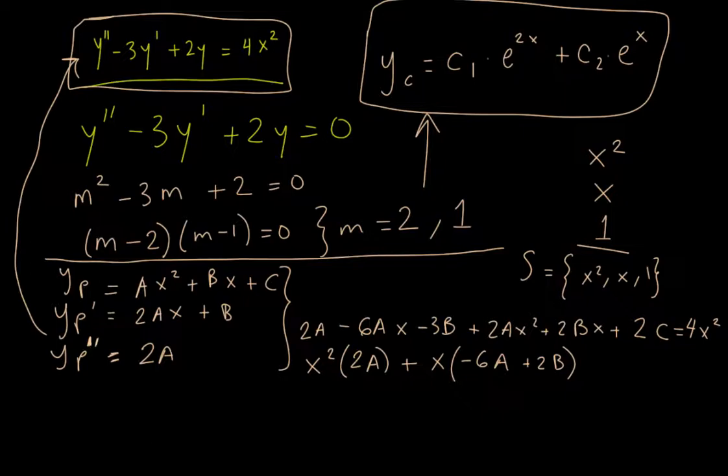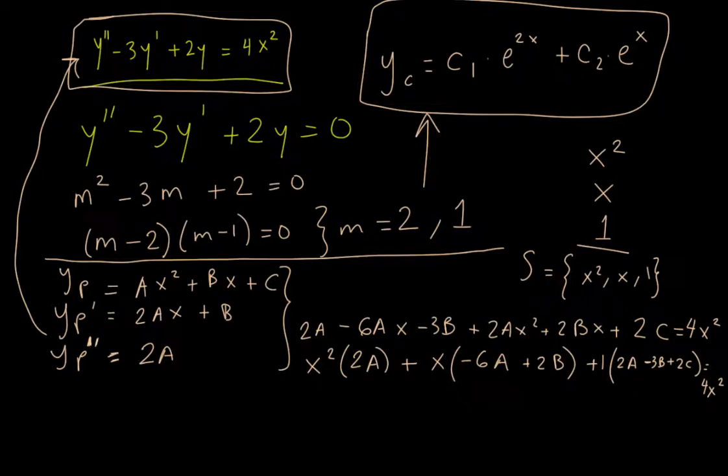And anything that doesn't have an x or x squared, just a number with a letter, you can think of it as having a 1 in front of it: 2a minus 3b, and then plus 2c. Equals our 4x squared.